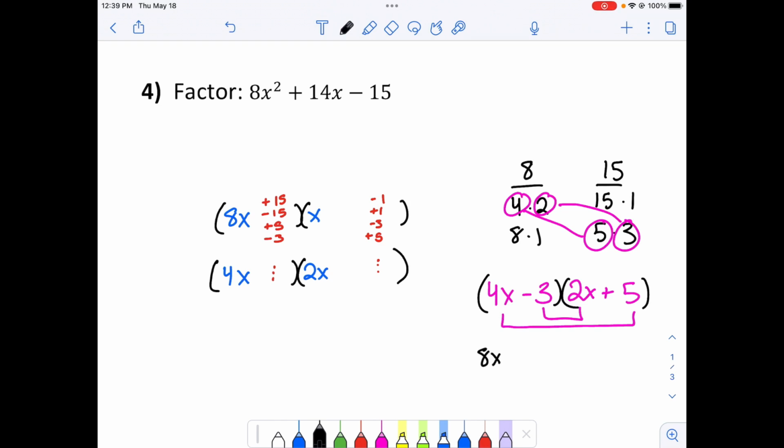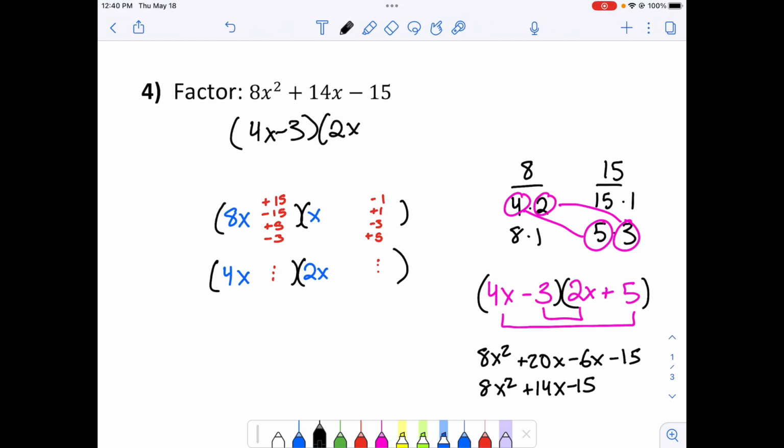So I would have 8x squared from 4x times 2x plus 20x minus 6x minus 15. So that's 8x squared plus 14x minus 15. So I did have the correct answer here. This is my answer. I will write it up here. So 4x minus 3 and 2x plus 5 are the two binomial factors that allow me to factor this trinomial here.